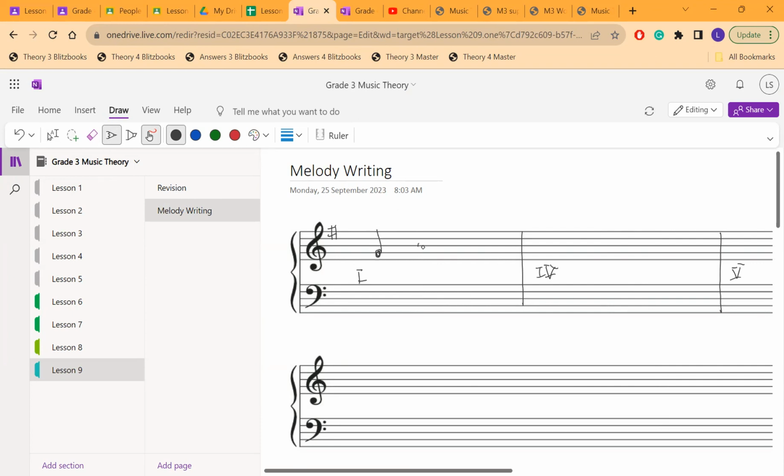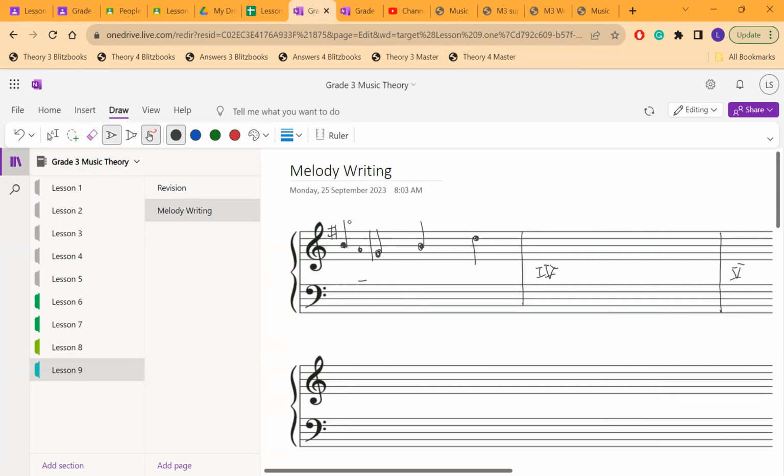Chord 1, D, B, D. Actually, let's add an anacrusis to this. This is probably a bad example. I'm starting on the median, but okay, probably not the best example. I've decided to start on the median for this one. That's okay.